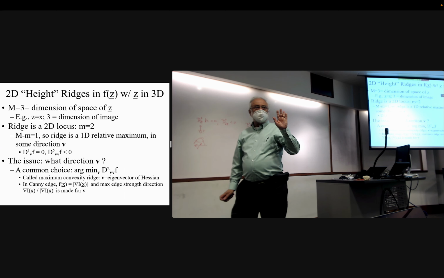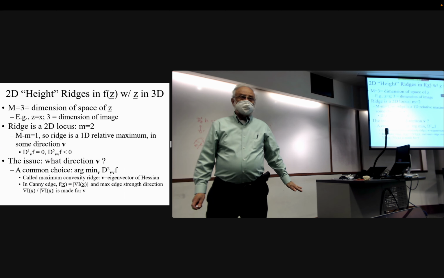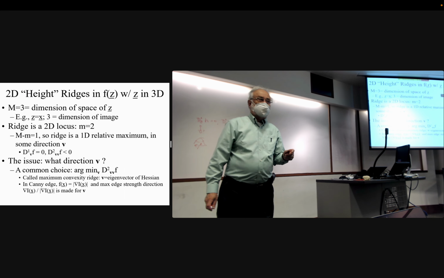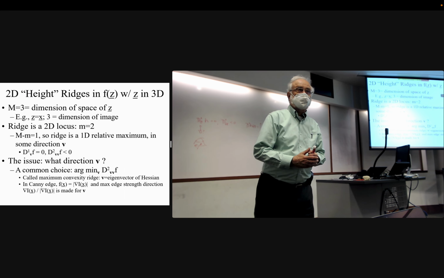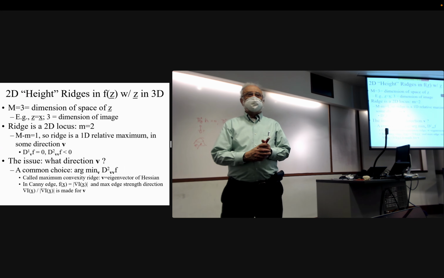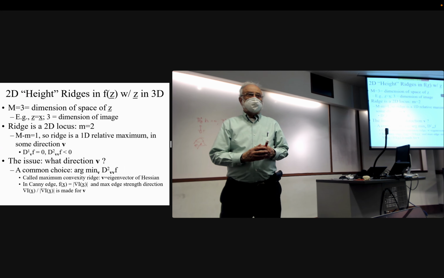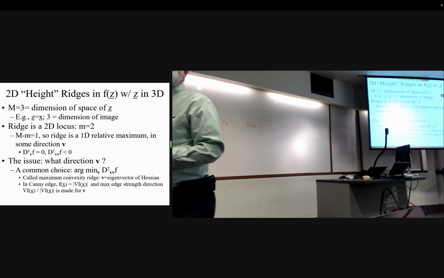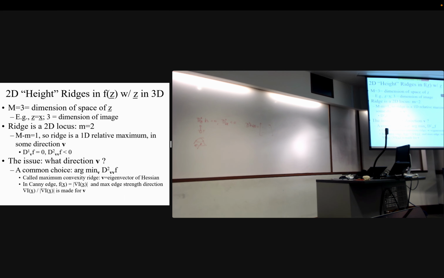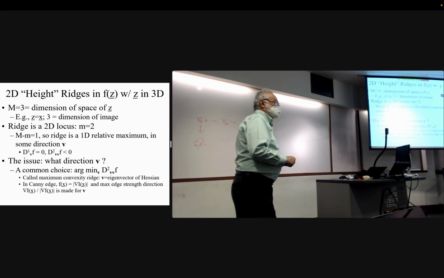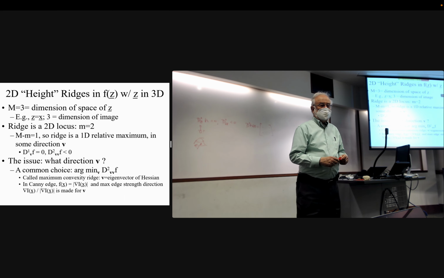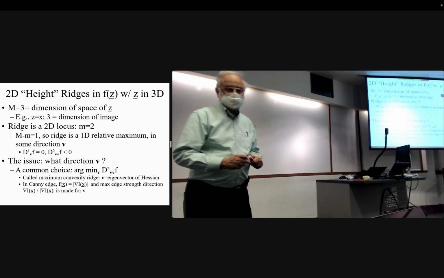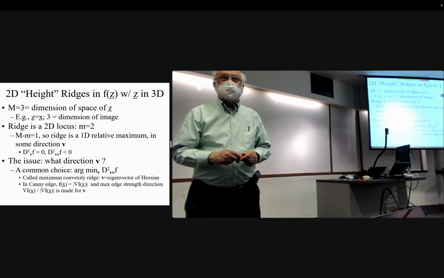We've now talked about ridges of gradient magnitude in 2 dimensions. We're talking about 1-dimensional ridges. Now let's talk about functions of 3 variables. So now your image is a 3-dimensional image. Your gradient magnitude is a scalar value at any point.